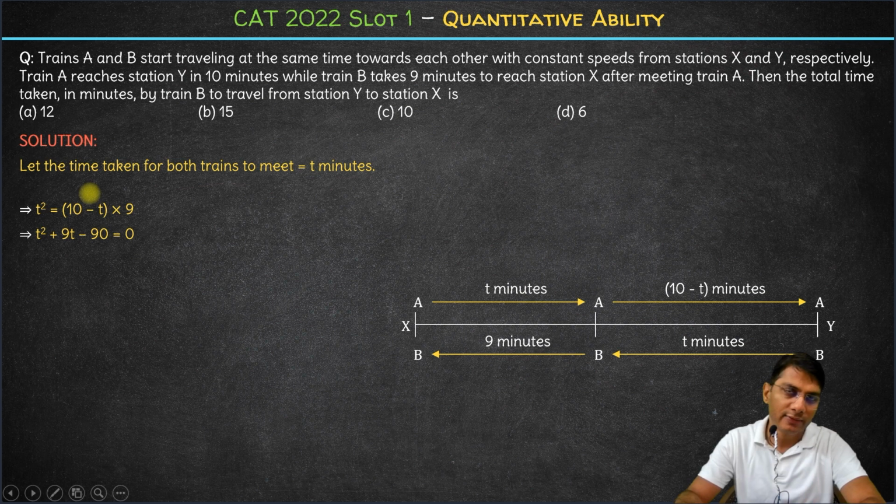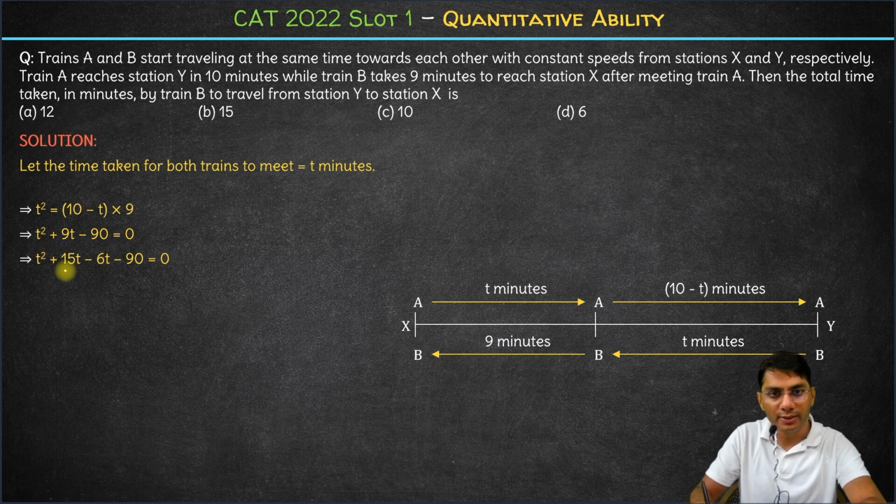Well, the numbers are plus 15 and minus 6, right? So we can split it as t square plus 15t minus 6t minus 90 is 0, and this can be factorized as (t plus 15) into (t minus 6) is 0. Okay? I hope you know how to factorize a quadratic. So this is how you can factorize the quadratic.